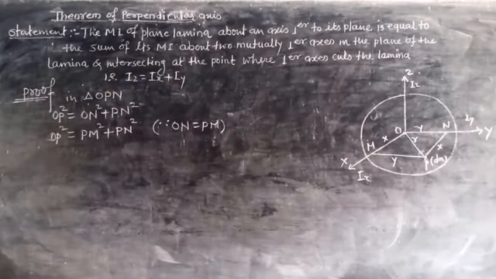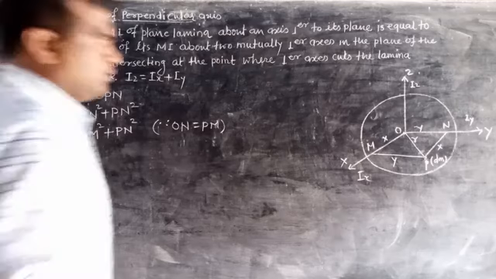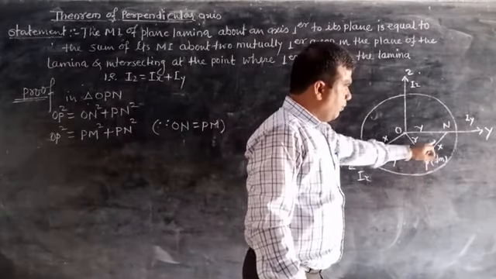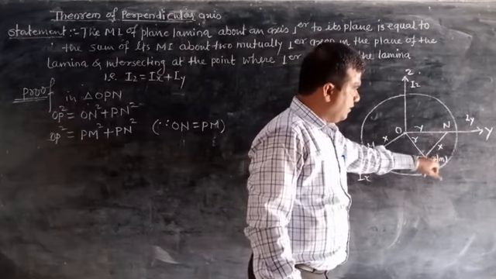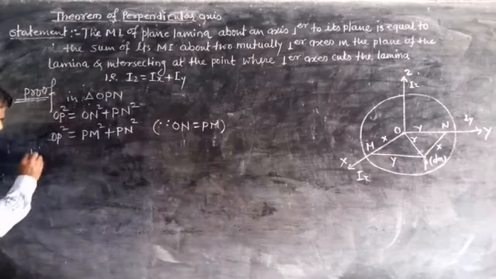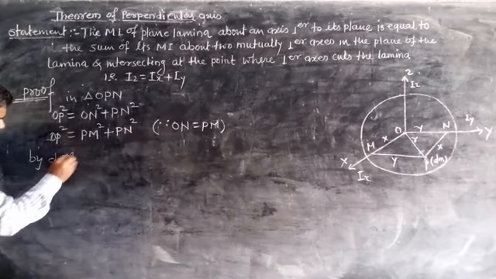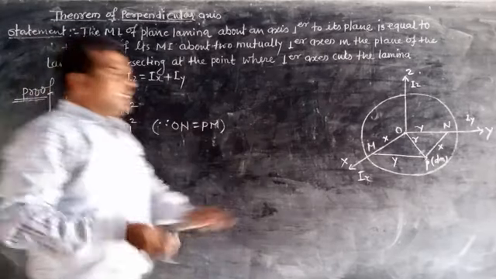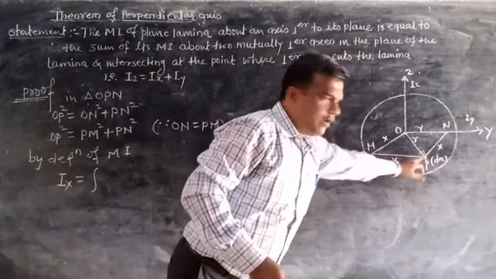Now by the definition of moment of inertia, the moment of inertia of the small element about the x-axis, Ix, is equal to PM square into dm. What is the distance of particle P from the x-axis?